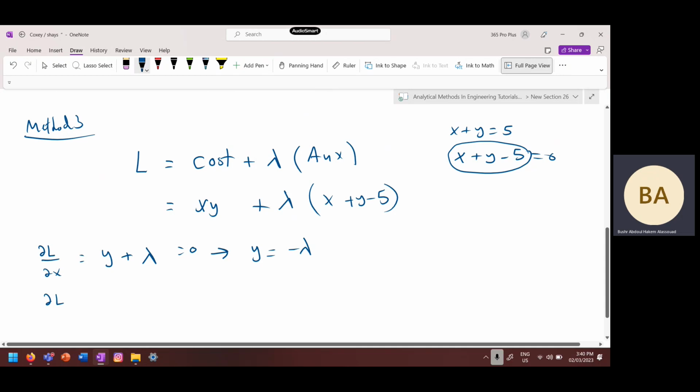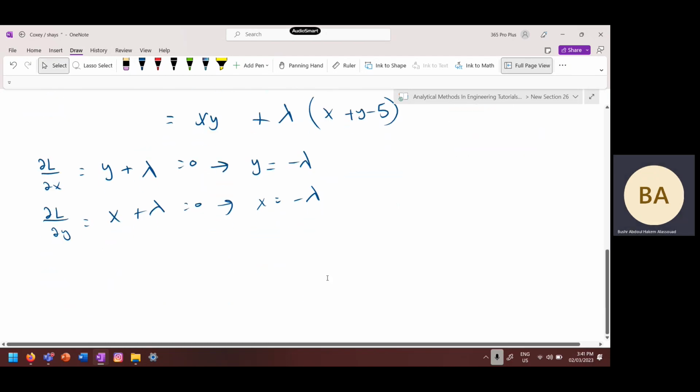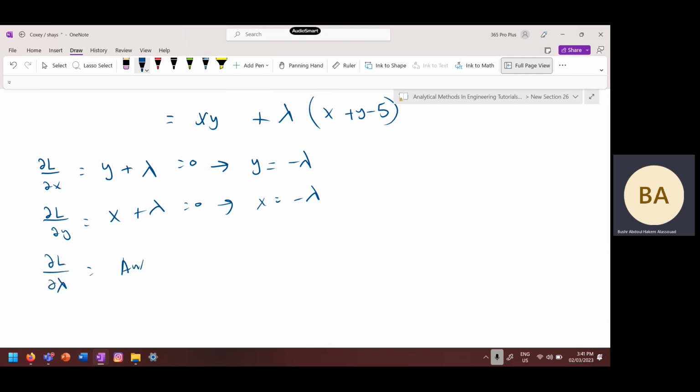We'll do the same thing for y, partial y. You'll get x plus lambda equals 0. You will have x is equal to negative lambda. Now, going down, partial L over partial lambda will just give you the auxiliary, which is x plus y minus 5 equals 0.